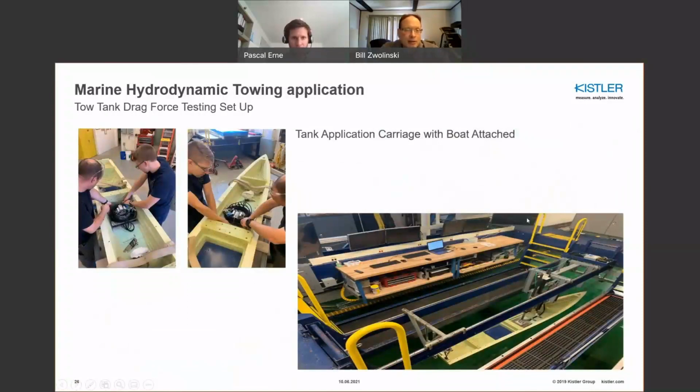You can see here that the 2 engineers are just building this force platform into their model, and this is all waterproofed to IP68, and the data acquisition equipment is all on the carriage, and it's easily integrated and measuring signals very accurately and very easily with some of their LabVIEW capability as well.